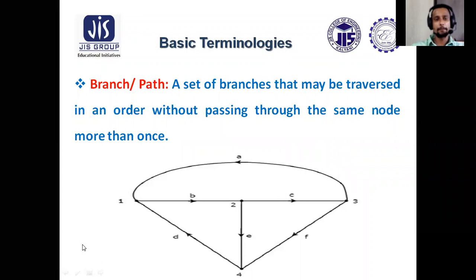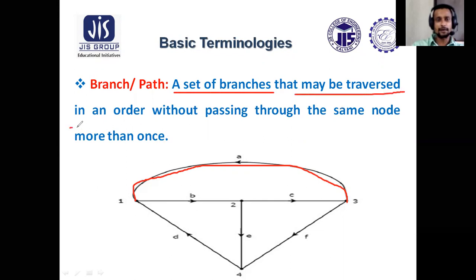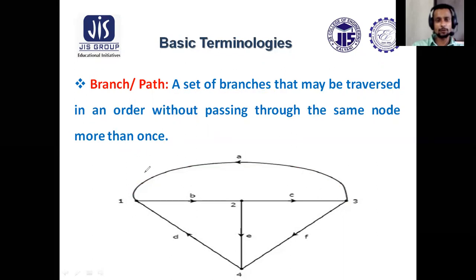Next is branch or path. What is a branch or path? This is one branch. So a branch is a line or path between any two nodes. A set of branches that may be traversed in an order without passing through the same node more than once. What does that mean, passing through the same node more than once?